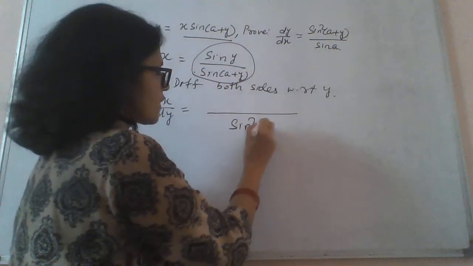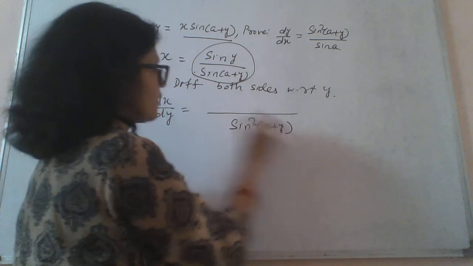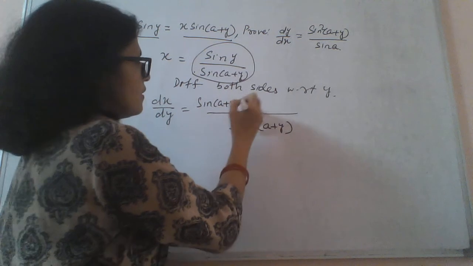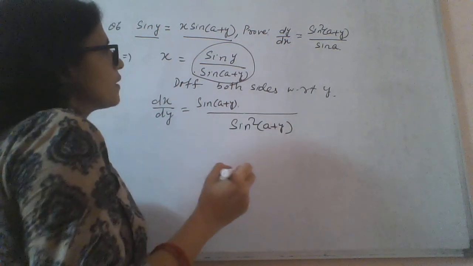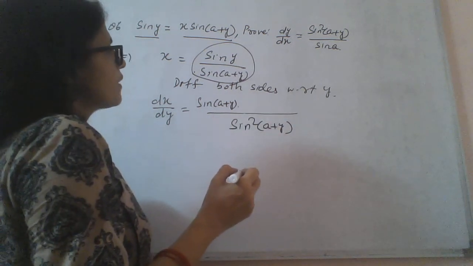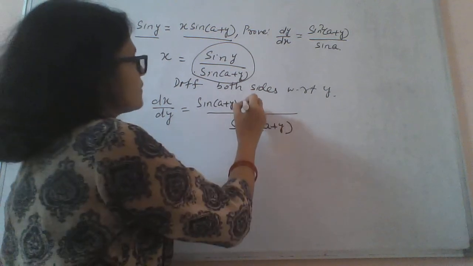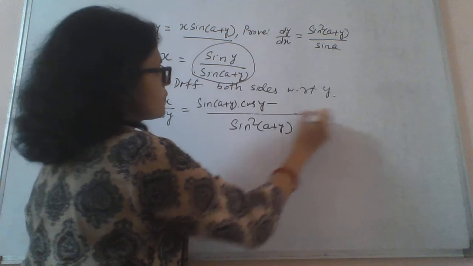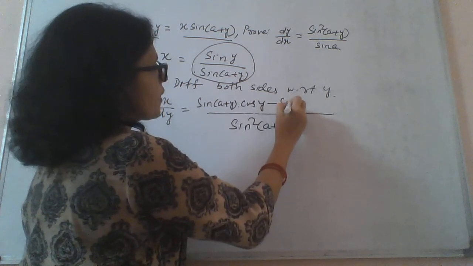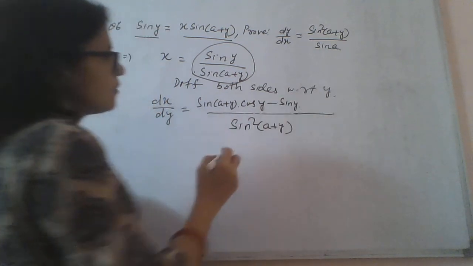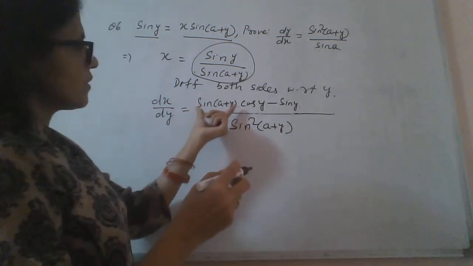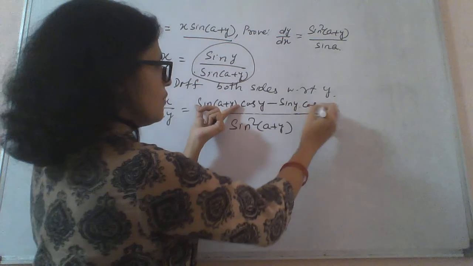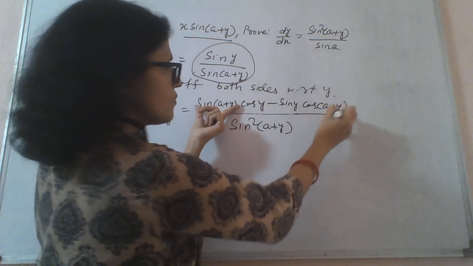Quotient rule: sin square(a plus y) in the denominator. Now sin(a plus y) into d by dy of sin y, that is cos y, minus sin y into d by dy of sin(a plus y), that is cos(a plus y).